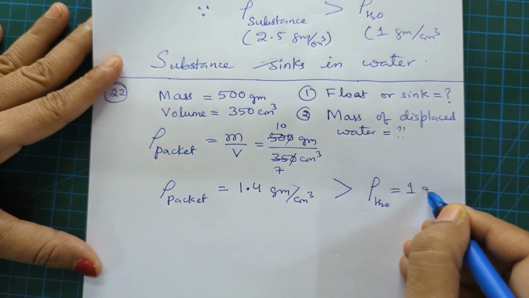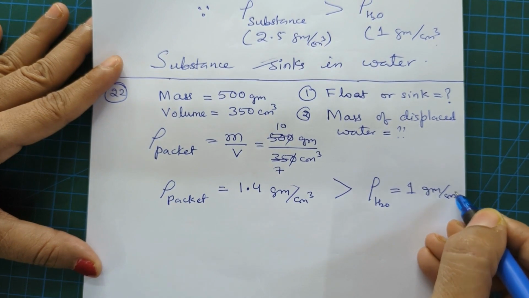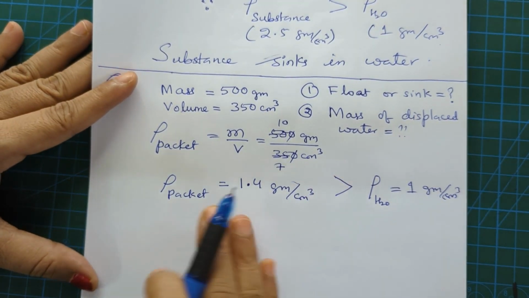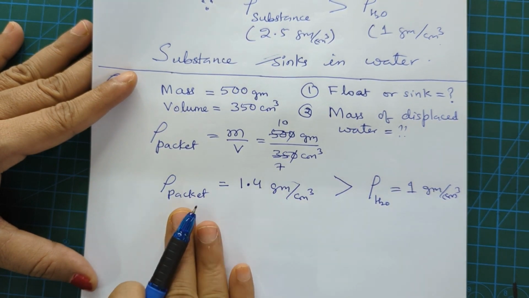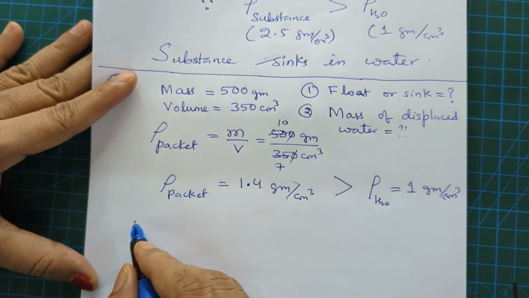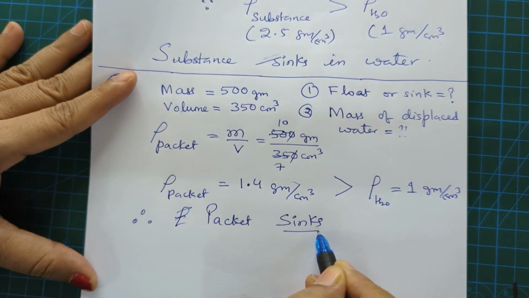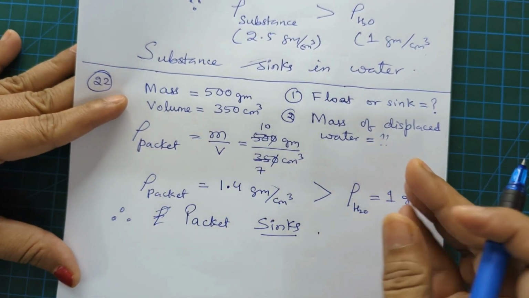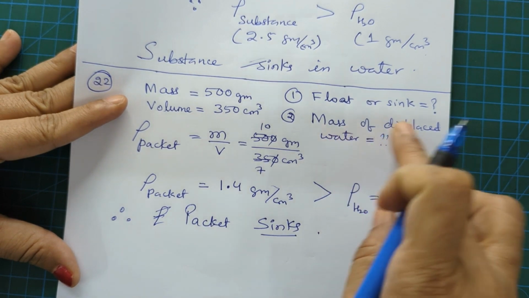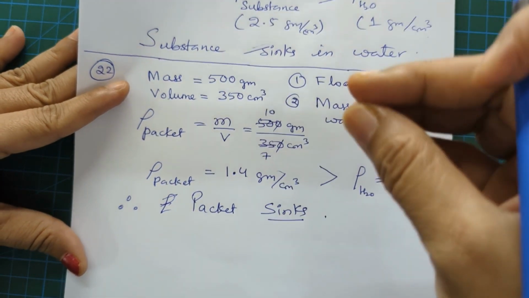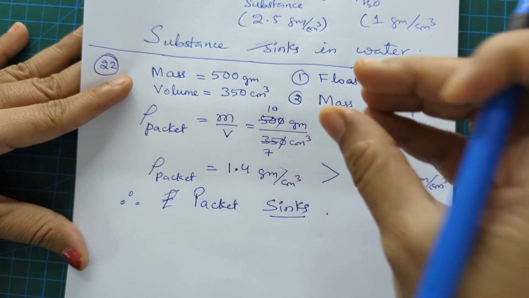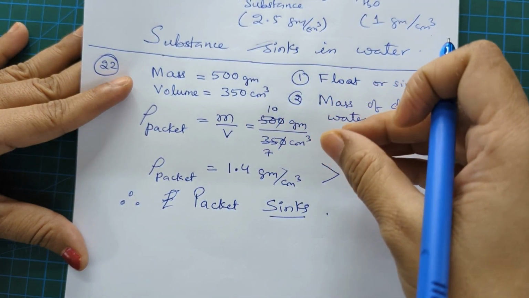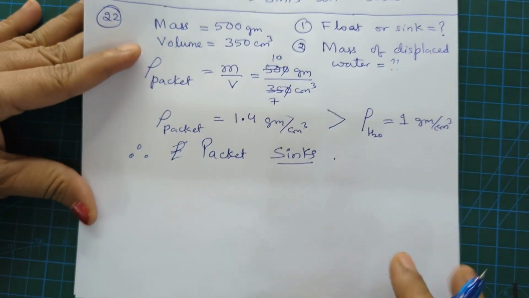Density of water is 1 gram per centimeter cube. So here we can give a conclusion. If the density of a substance is greater than the density of water, then that substance is going to sink. Then we have to tell, when it sinks, what is the mass of water displaced. Whenever an object is placed in water, whatever is the object's volume, the same volume of water overflows. Okay, so that we'll remember.